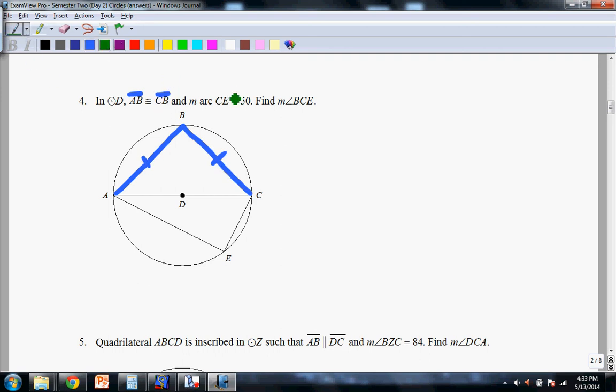And we are told the measure of arc CE is 50. We want to specifically find the measure of angle BCE. So BCE.